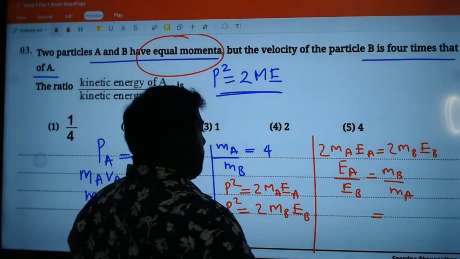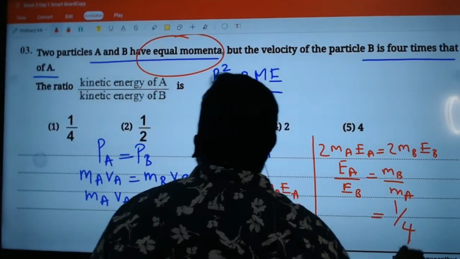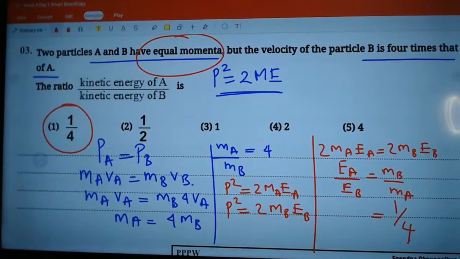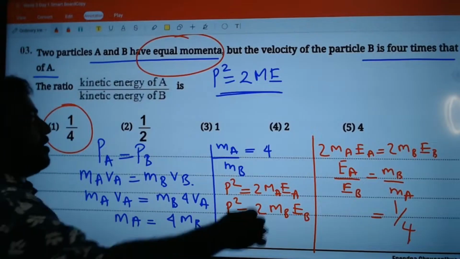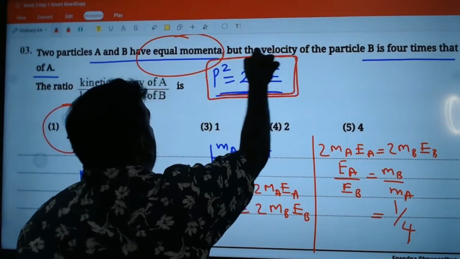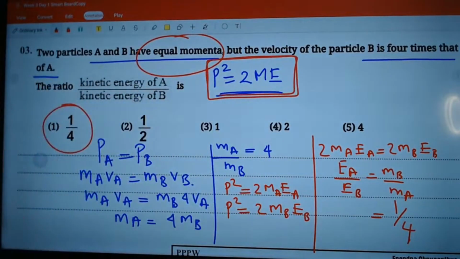MB divided by MA is 1 over 4. Your correct answer here is answer number 1. So third MCQ, answer number 1. Don't forget this is your relationship between linear momentum and kinetic energy.